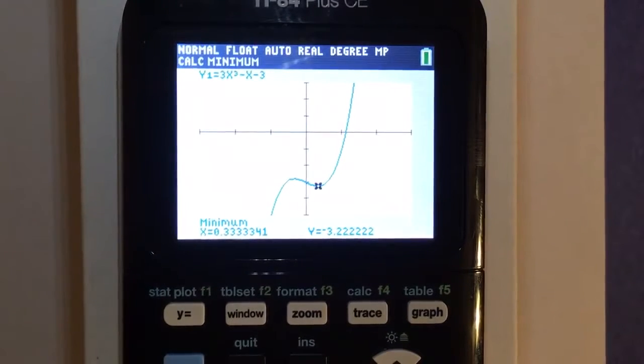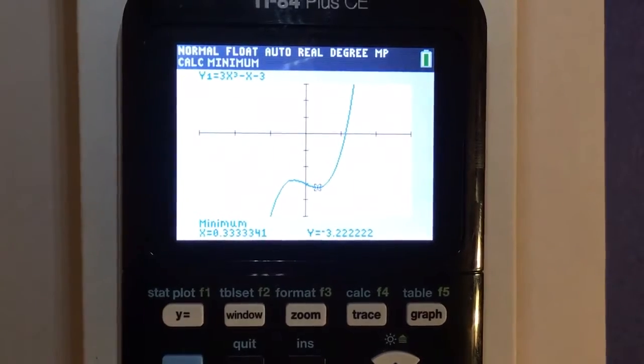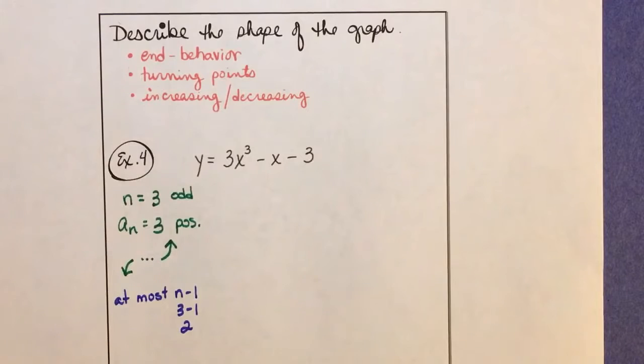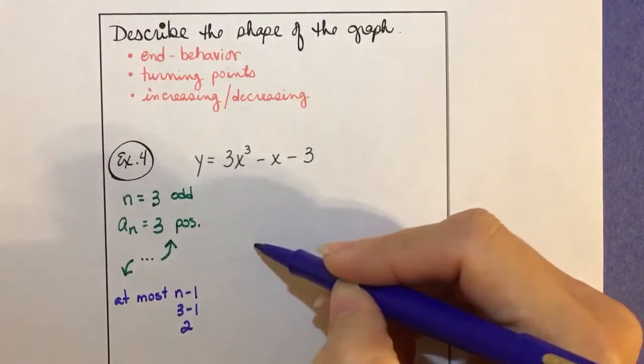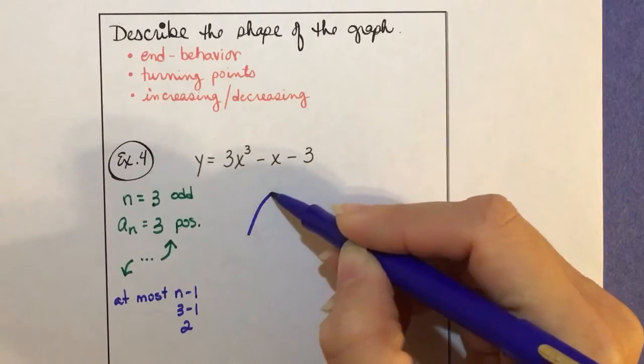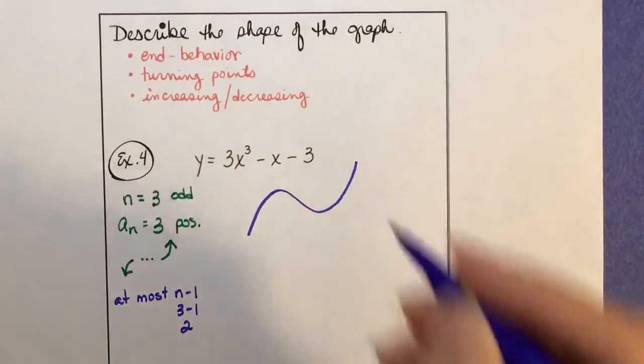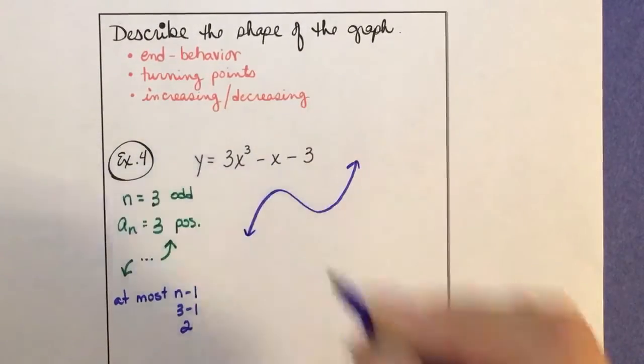Okay, so what you might want to do, and like I said, this is just kind of an option if you want to, I'm just going to sketch my graph off. I'm not even going to put an x and a y axis, okay? It comes up, dips down, and then it goes back up, okay? This is what your graph is doing.